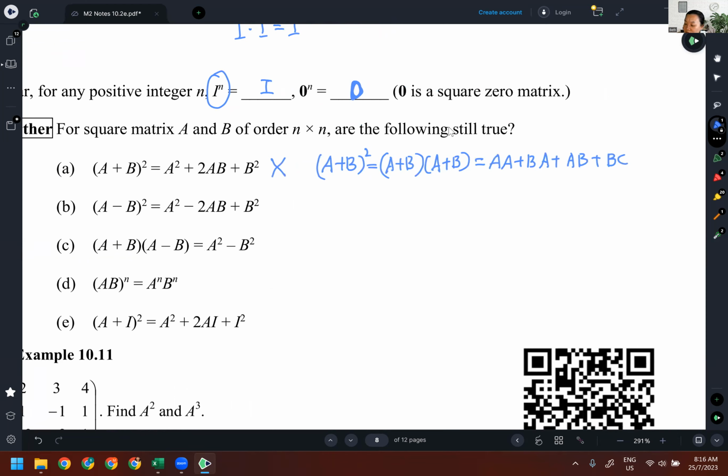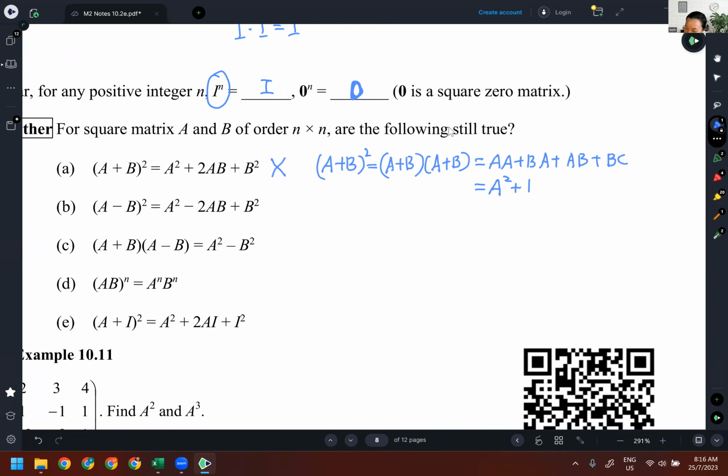To simplify the most, you can say this is A squared plus BA plus AB plus B squared.